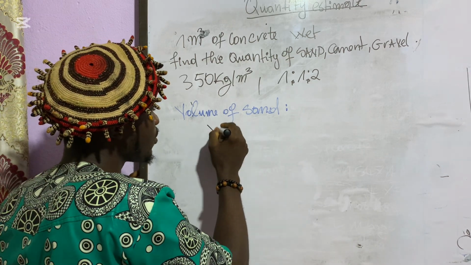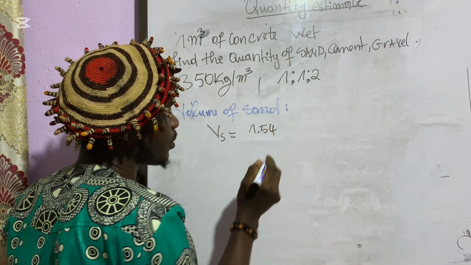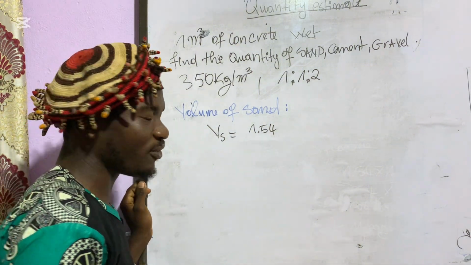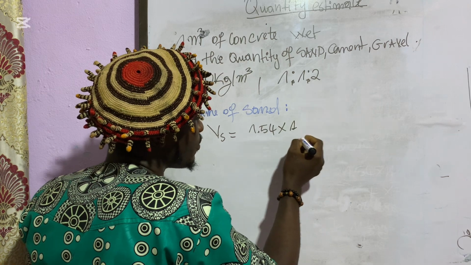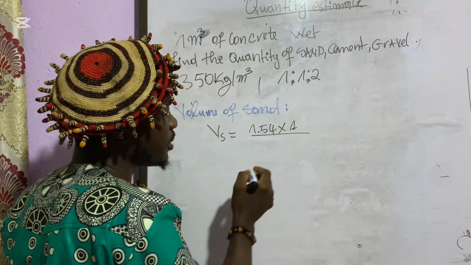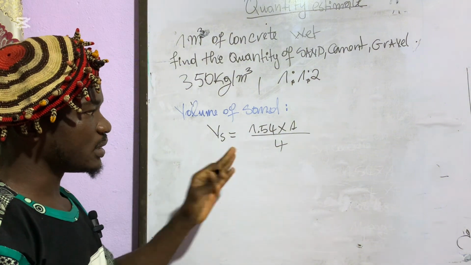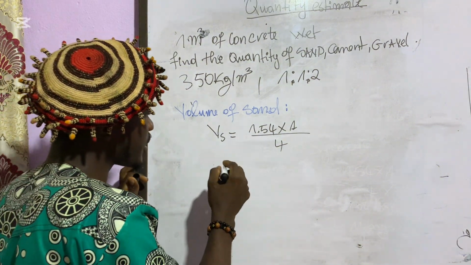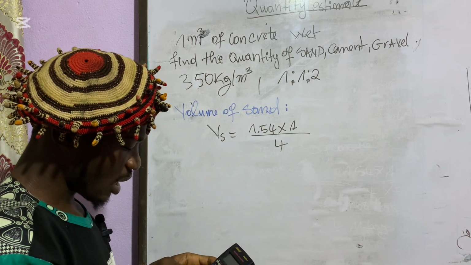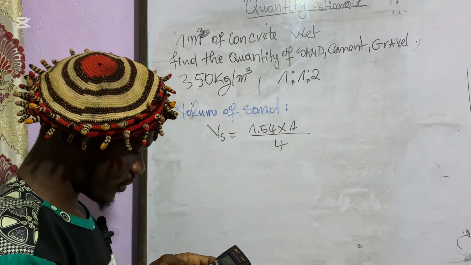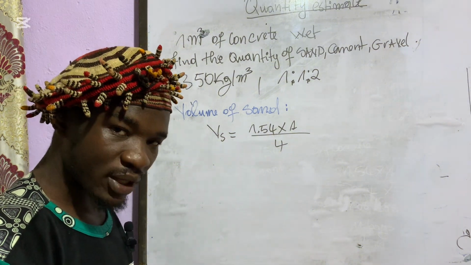It will simply be Vs equal to 1.54, which is the dry volume of our concrete, times 1 also, because we say 1 wheelbarrow of sand, divided by 4. Okay, and now this is what is going to give us in meter cube. So you have 1.54 divided by 4. It will give us 0.38.